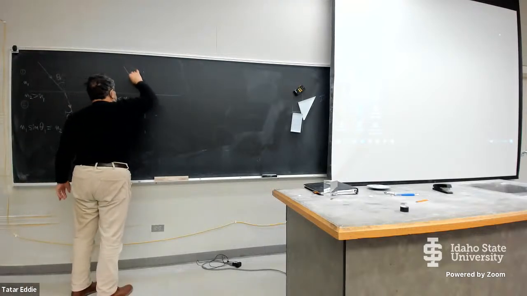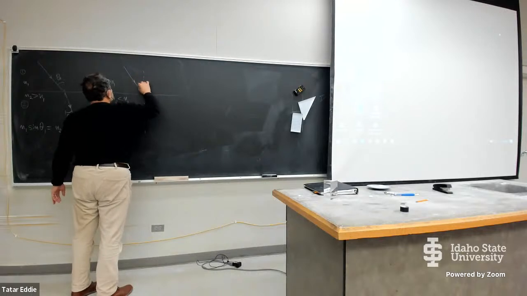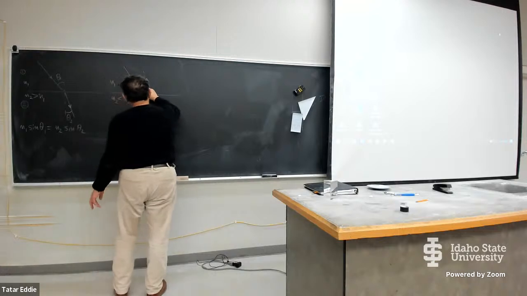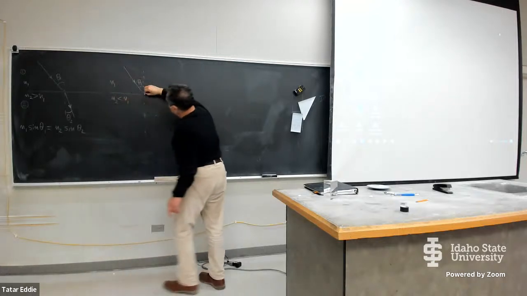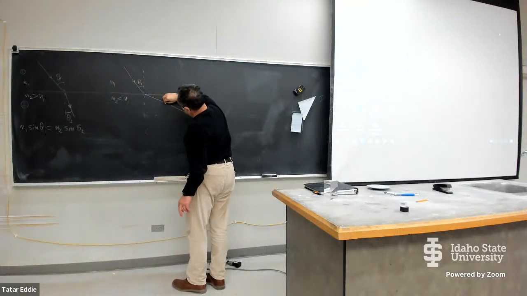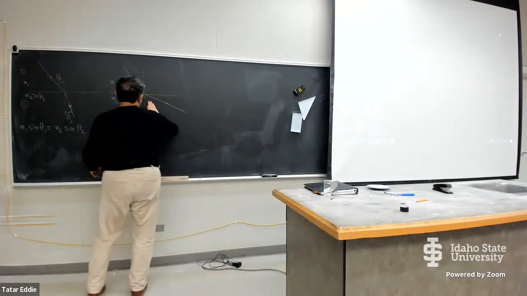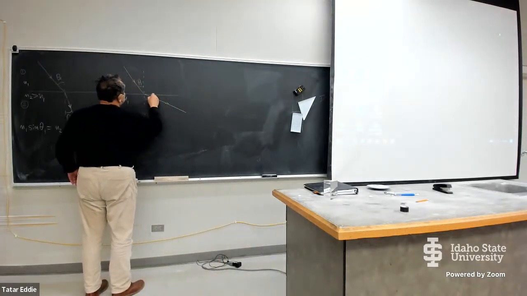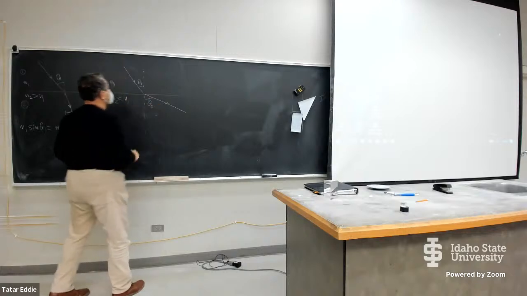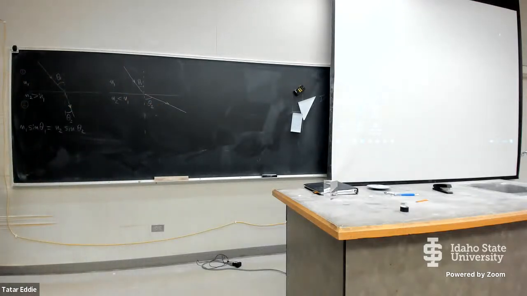Again, here is the incident light ray. The refracted light ray is going to bend in this direction. Therefore, the angle of refraction θ2 is going to be larger than the angle of incidence θ1.